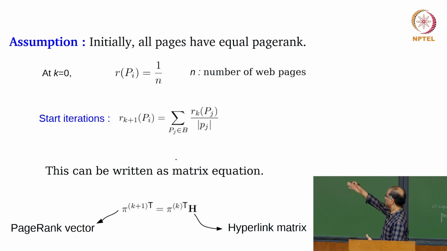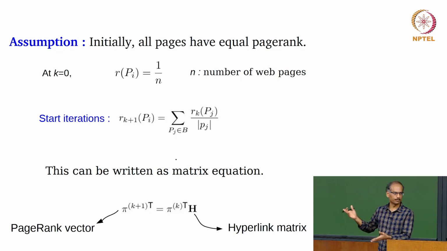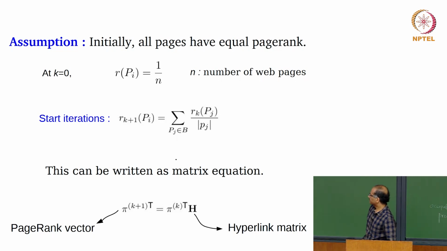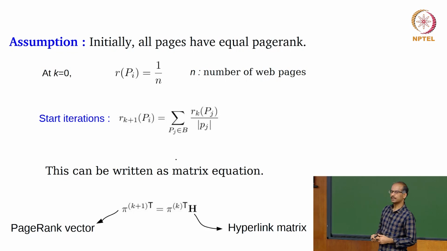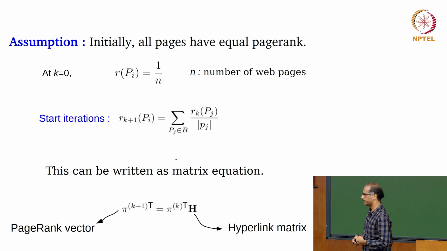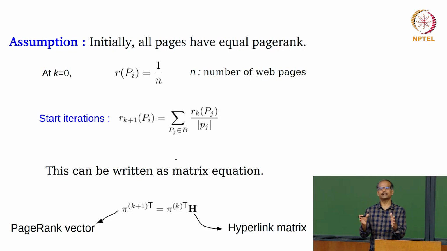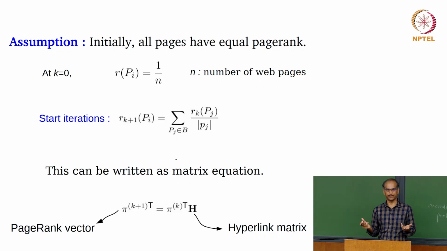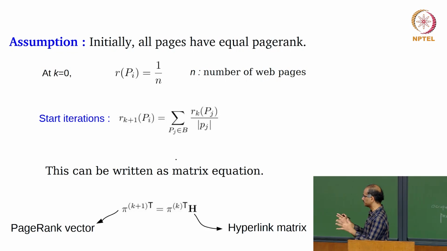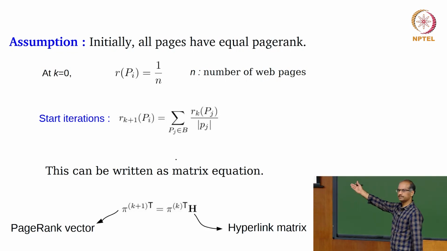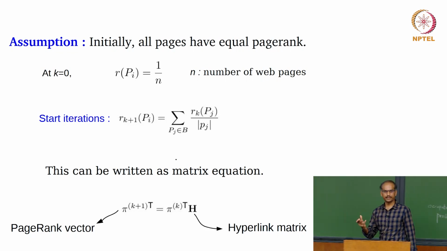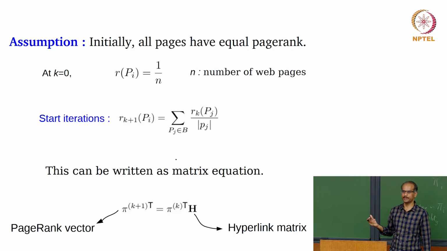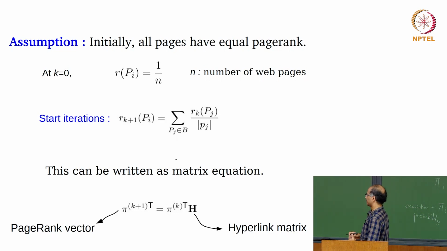And you can write it in the form that we are more familiar with, where this matrix H is called the hyperlink matrix. This is exactly similar to the transition probability matrix that we have. Just the notation is different, but otherwise it's similar. And again, you can see from the notation that the pi that we are after is simply the invariant probability vector.